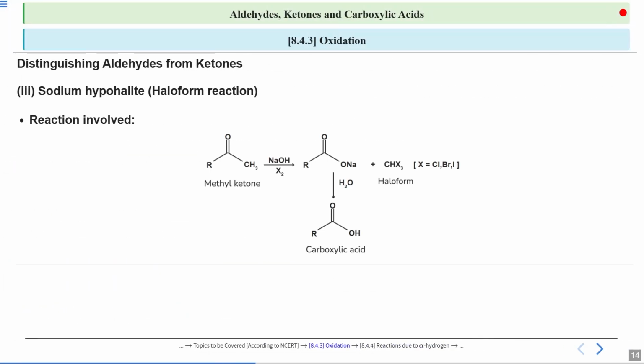Now further we will see the reaction. So if you see over here, you have a methyl ketone, okay, and when you react a methyl ketone in the presence of a base which is NaOH, you get RCOONa. So this reaction involves a methyl ketone reacting with sodium hypohalite to produce a haloform such as chloroform or iodoform and a carboxylate ion.